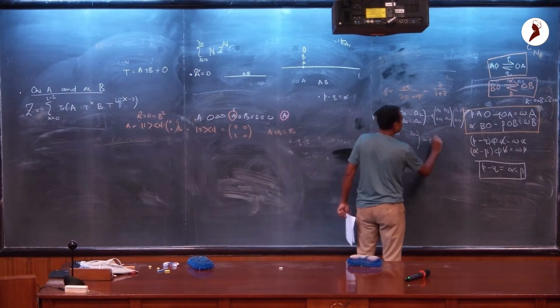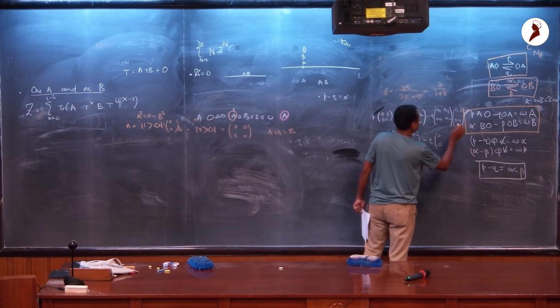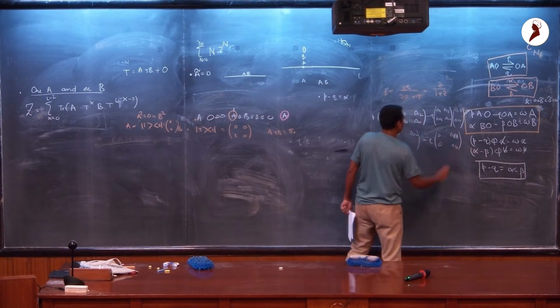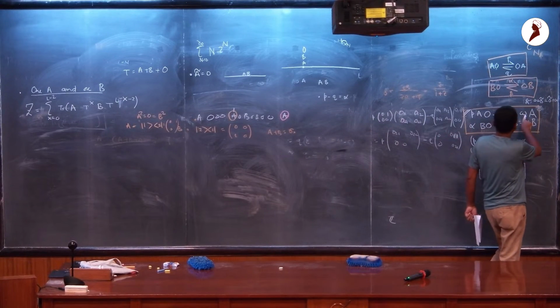Minus Q times this one with this one will give you 0, this one with this one will give 0, this one with this one is O21, this one with this one O21, O11, O21. Okay. So now this matrix has to be omega times A.